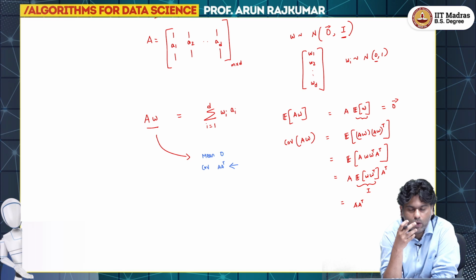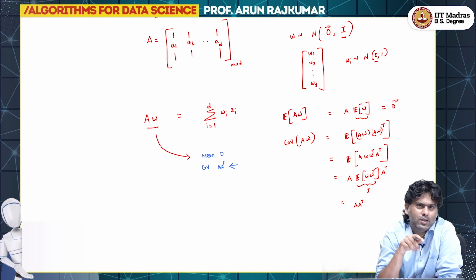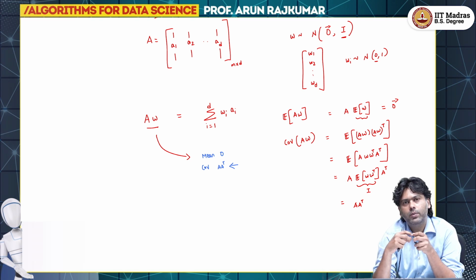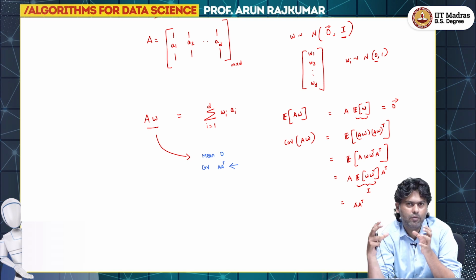So by taking this linear combination and getting one vector, we are saying that one vector is, in general, more likely to be spread along the direction where A has a lot of energy.